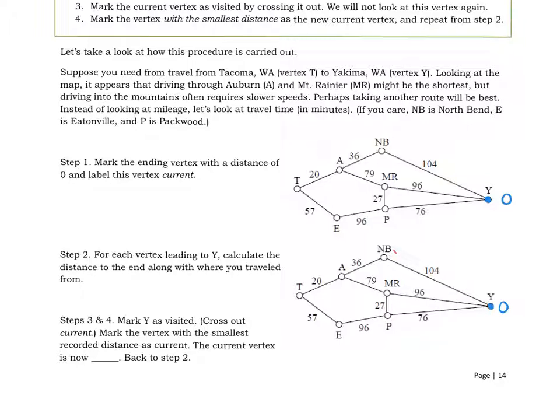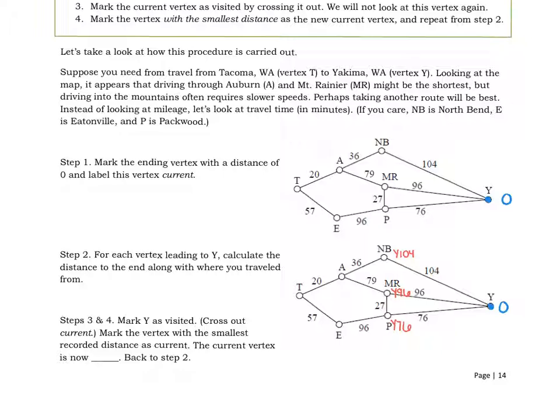So I'm going to label this as Y104. To Mount Rainier, it's going to take me 96 minutes to go to Yakima, and so I'm going to put Y96. And down here, Packwood, it's going to take me 76 minutes to go to Yakima. So we label all of those.